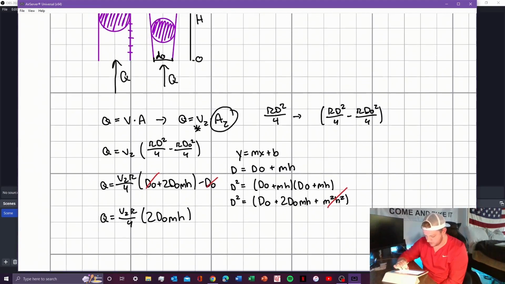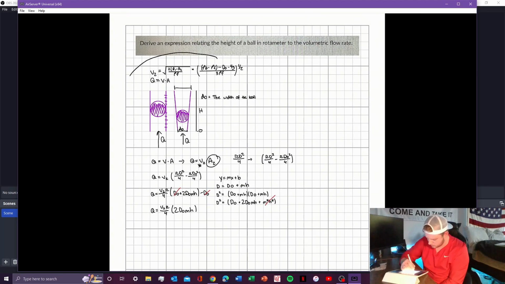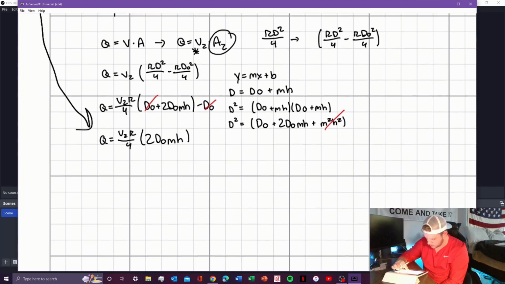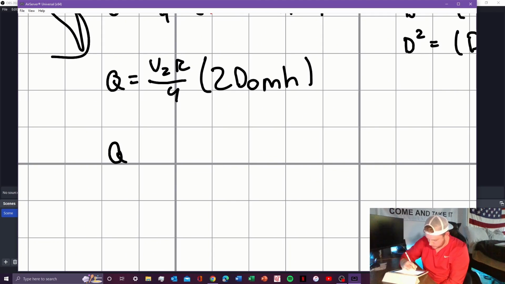So we can now plug in V2, which we know from up here. Q is equal to pi over 2. We can pull this 2 out.